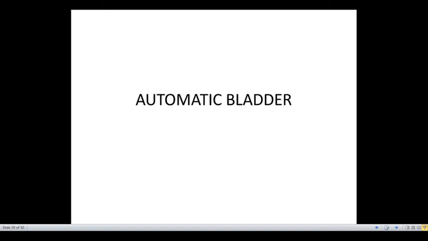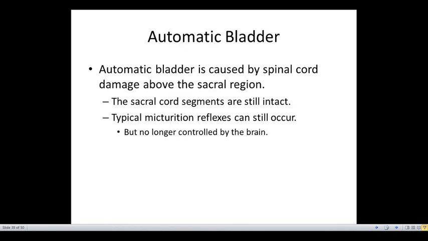The second disorder of micturition is the automatic bladder. Automatic bladder is caused by spinal cord damage above, I repeat, above the sacral region. So the sacral cord segments are still intact, and typical micturition reflexes can still occur, but no longer controlled by the brain.